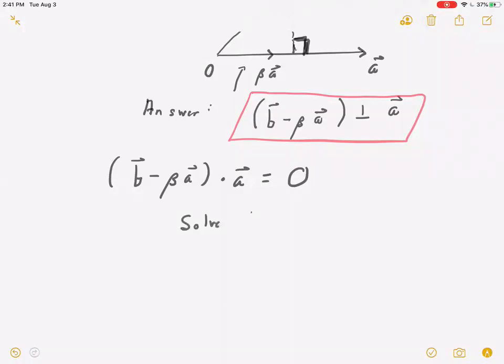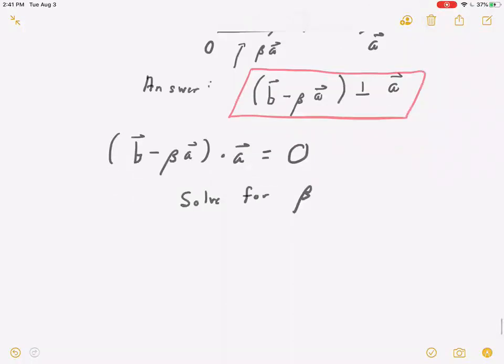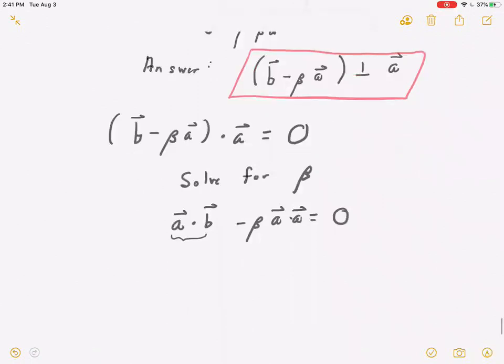And let's solve for beta. Well, this is going to be A dot B minus beta times A dotted into itself equals the scalar 0. Remember, these two guys are vectors. The dot product of the vector is a scalar.